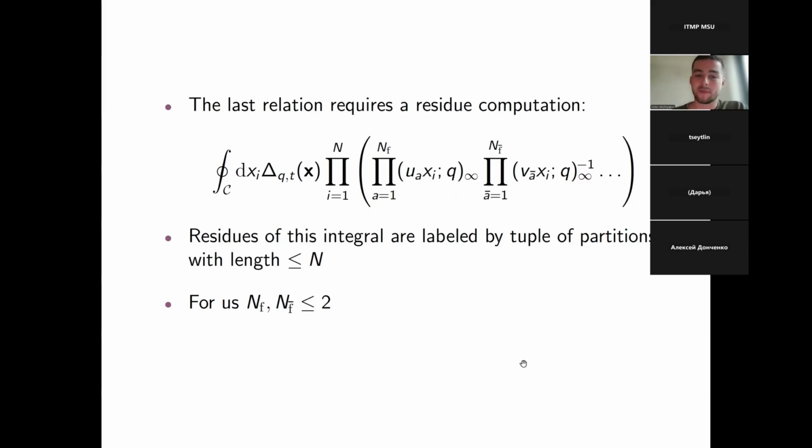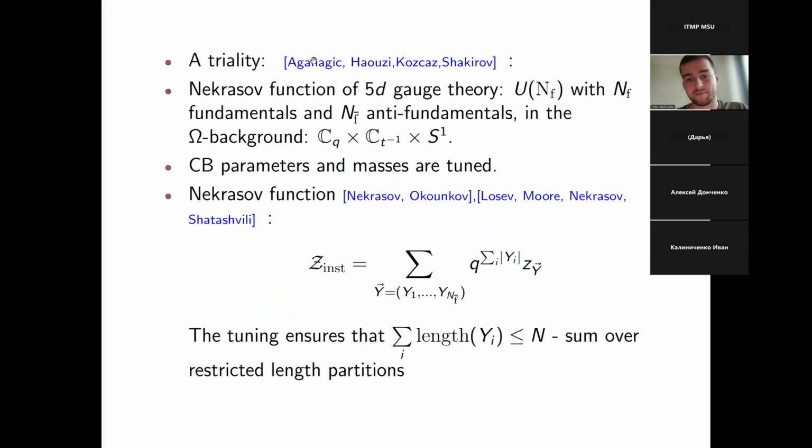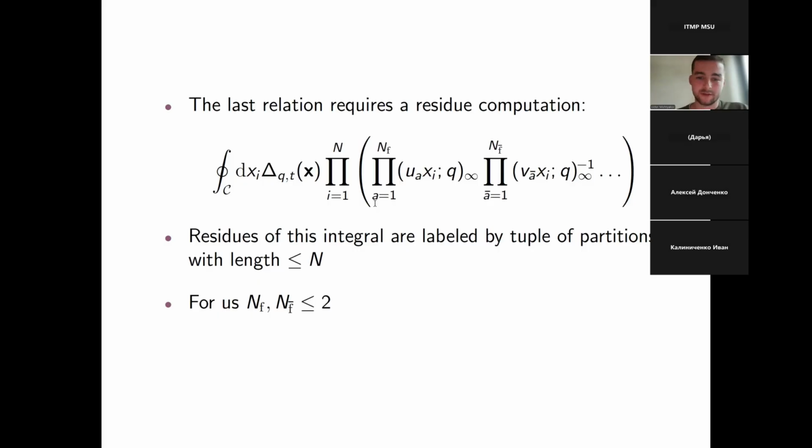This involves some peculiarities because one has to show that the residues of this integral are actually labeled by tuples of partitions, which I'll not discuss here, but I can refer to this paper. Naively, the poles come from these denominators.